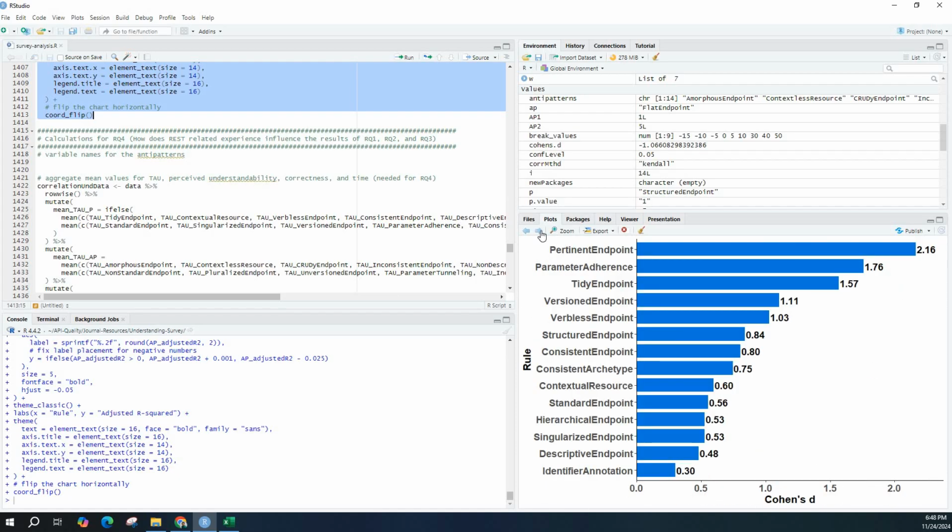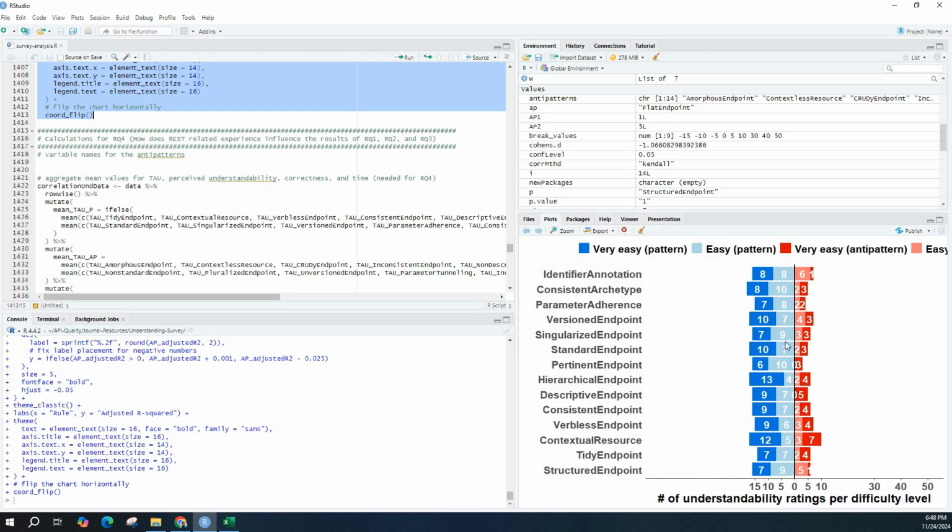So let me explain a little bit about RQ2. For RQ2, we are trying to figure out how the perceived difficulty level of the developers impacts the understandability of APIs.